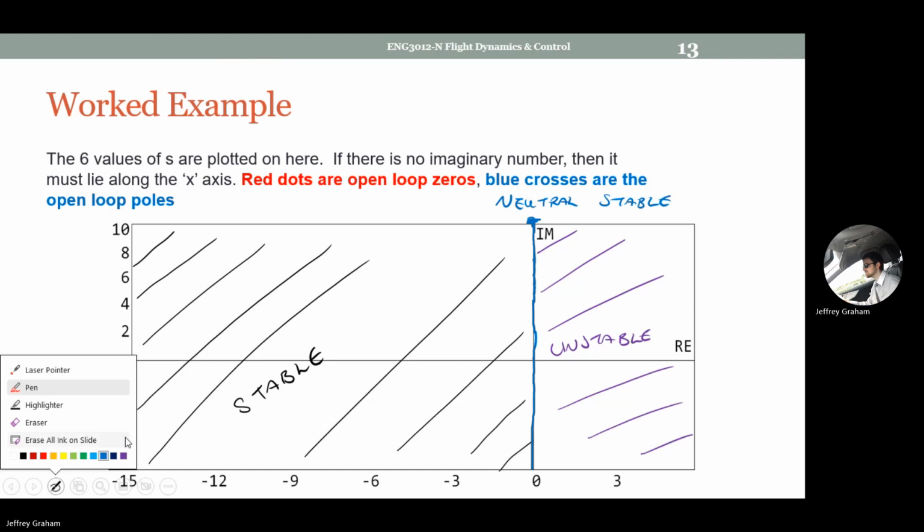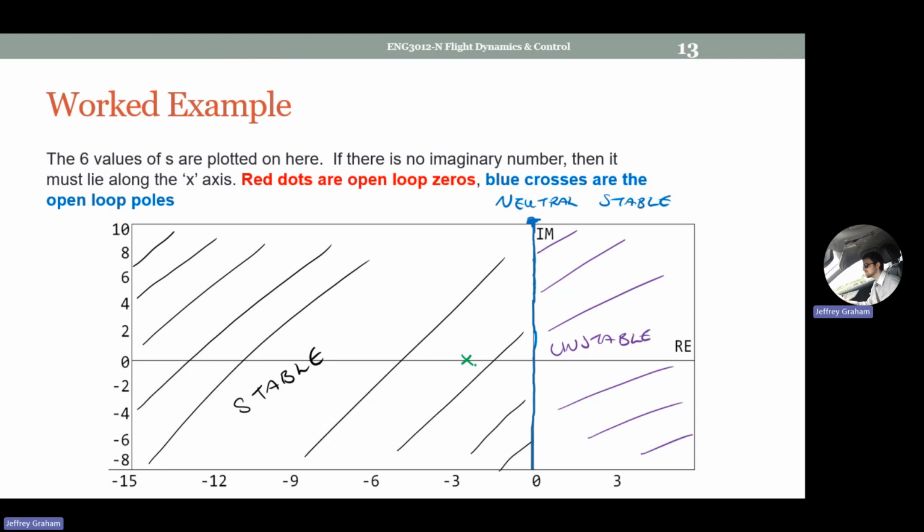What's the significance of all of that? Basically, you may have a k value that is stable. As you increase the k value, it may move and move and move, become neutrally stable, then unstable. So you may be interested in finding what value your gain can be to ensure your system is stable.